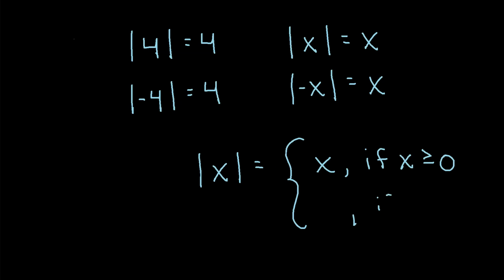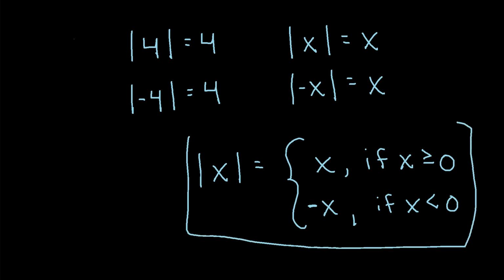But if x is less than 0, in other words, we provide a negative value, in order for us to get a positive x, or if we put in a negative 4 in order for us to get a positive 4, we would need to multiply by a negative, because a negative 4 is a positive 4. So if we provide a negative value, we need to multiply that x by a negative sign. So this is how we could write the absolute value of x as a piecewise function. This is kind of our general form that we can use.